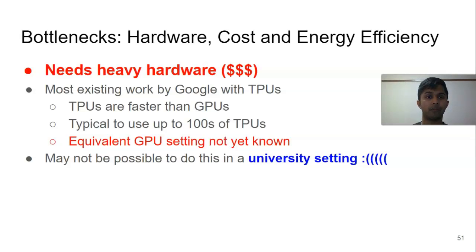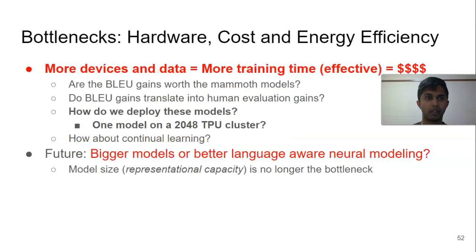Furthermore, if someone outside the industry wants to do this work, we don't know what the equivalent GPU setting is. And especially the most sad part about this type of research is that it may not be possible to do this very effectively in a university setting where computational resources are rather scarce. Next, more devices and more data mean more training time, which again increases the amount of money you need in order to do this kind of research.